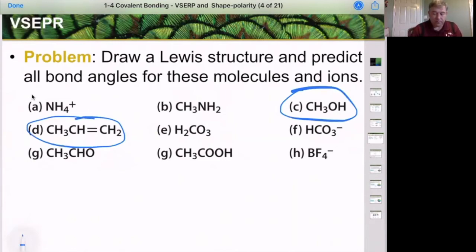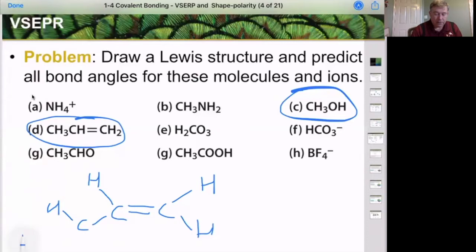If we look at our Lewis dot structure, we know that this carbon has a double bond to this carbon, and we have a hydrogen here and a hydrogen here. Then we have a hydrogen here, and we have a C, H, H, and H. We have no lone pairs, so we don't have to add any additional electrons.